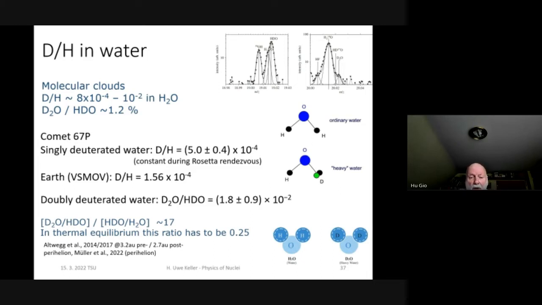Also, the doubly deuterated water was rather high, and the ratio between those two components is about 17, and in simple equilibrium you would expect only 0.25. So it is clear that the chemistry did not go on in thermal equilibrium.